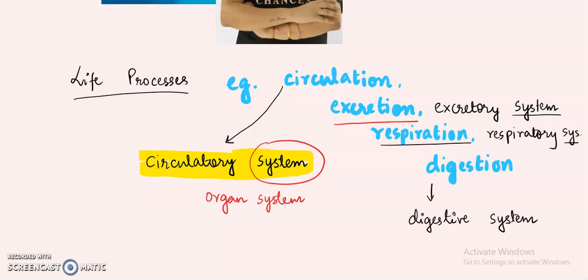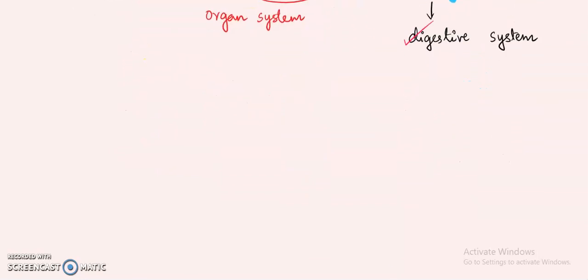So in this chapter we are going to study the circulatory system, excretory system, respiratory system, and digestive system.